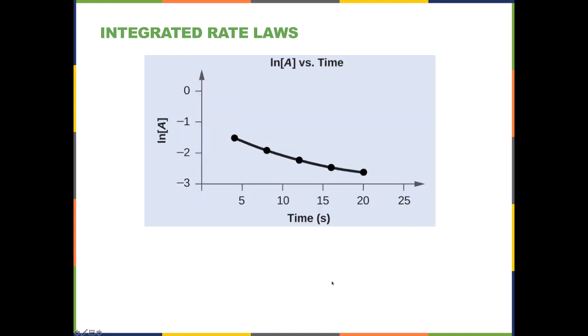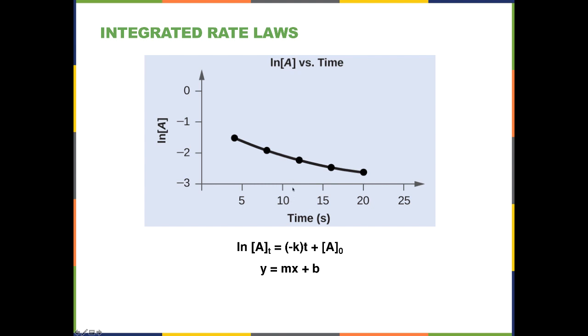If you do that, you get an equation that looks something like this. And I'm putting this underneath to show you that, if you remember Algebra 2, a linear equation will fit the formula y equals mx plus b, where b represents the y-intercept and m represents the slope of the line.